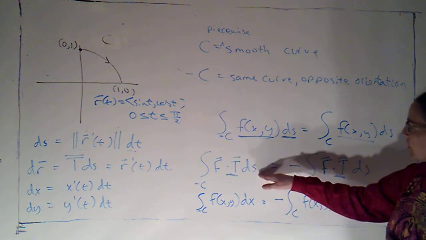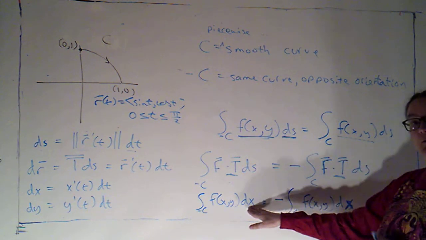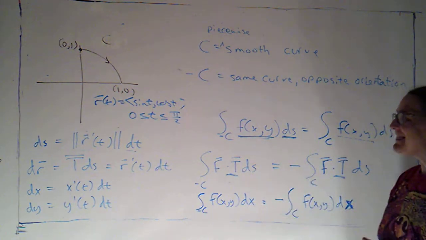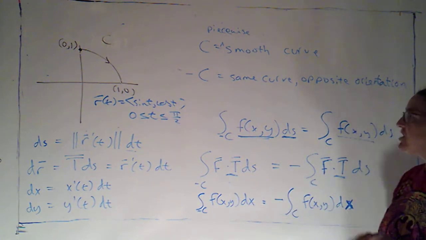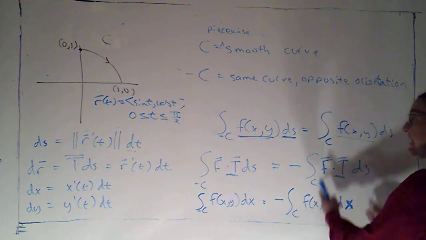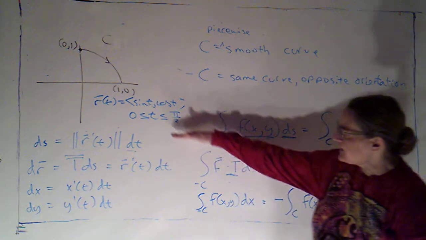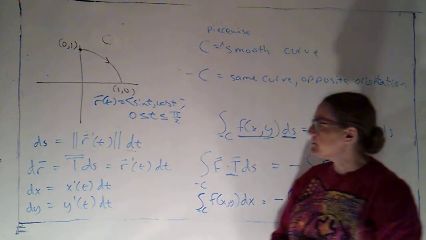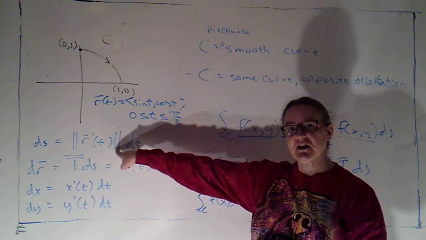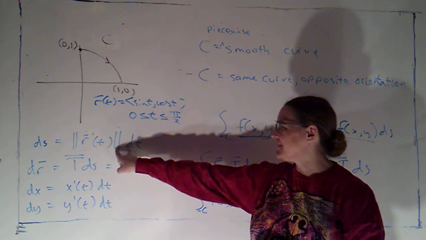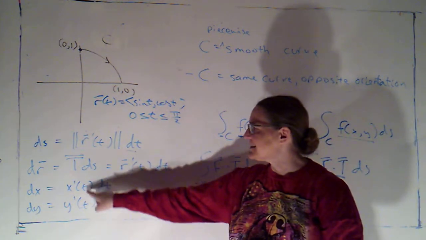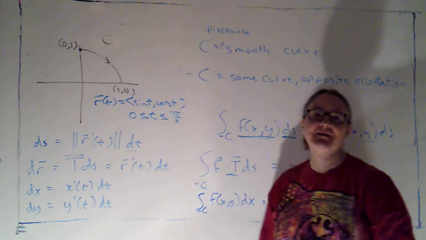But if I'm doing a work integral, or if I'm doing an integral with respect to x or y or z, which often show up in work integrals, then reversing the orientation will reverse the value of the integral. And I think that's nicely reflected in what these scaling factors are, because here reversing the orientation will not change the sign of the magnitude of the derivative, but it will change the direction of the derivative, and it will change the sign of these individual derivatives.